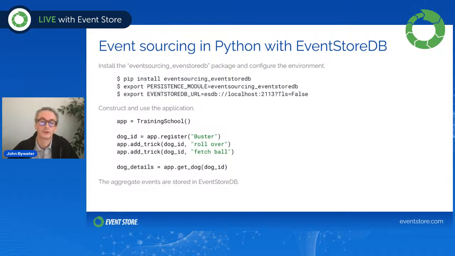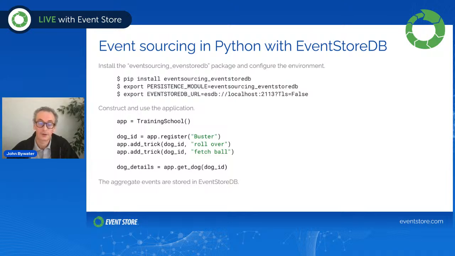Then we can construct the training school class, which we can do with any persistence module, but in this case, it's going to be using EventStoreDB. We'll configure the environment variables persistence module so that the application will use the EventStoreDB persistence module. And for that, we need to also set the EventStoreDB URL in the environment.